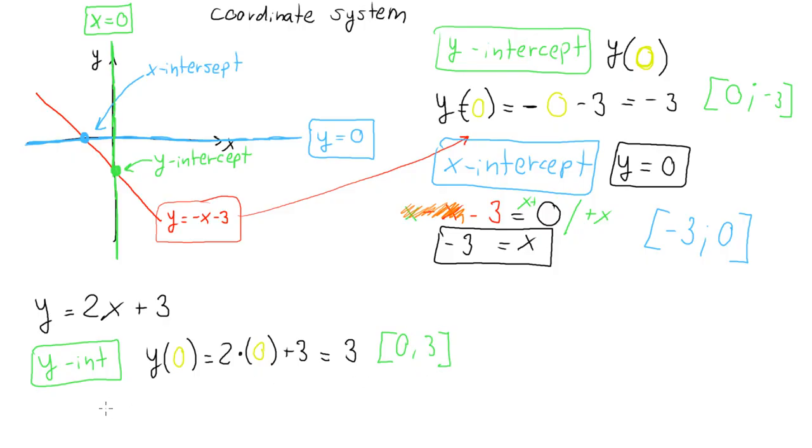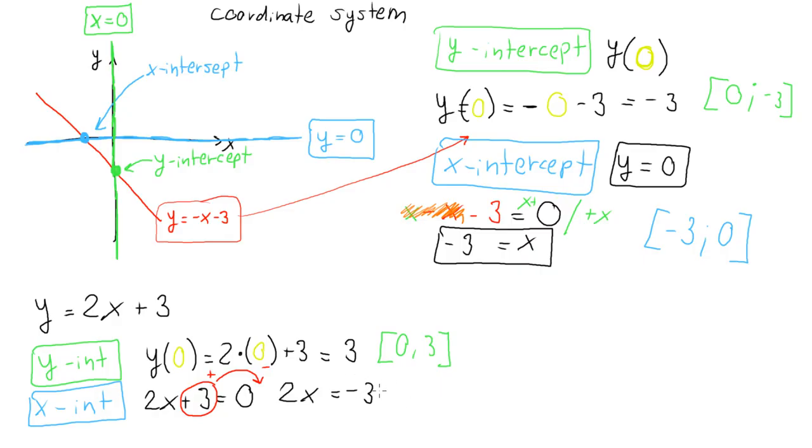However, how do we do it with the x-intercept? How do we calculate the x-intercept? We write down our function and we equate it to 0. Now we need two things. First, I will put this plus 3 on the other side of the equation. A fast way to do it is that when we have plus here, on the other side is minus. So we get 2x equals minus 3.